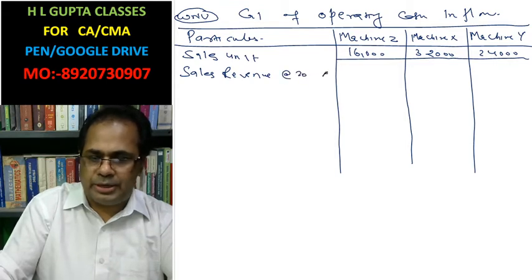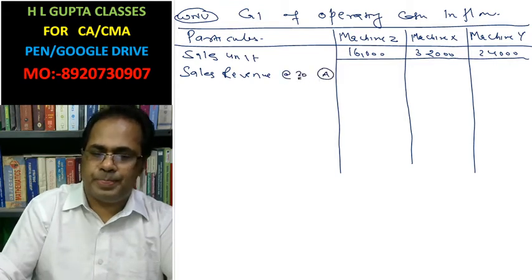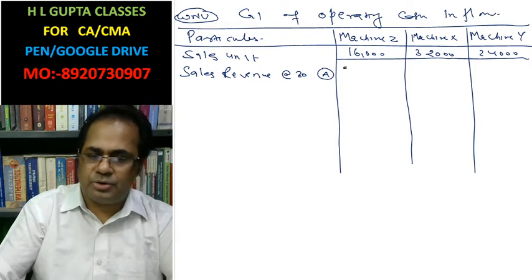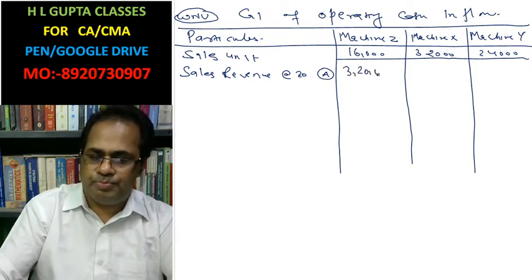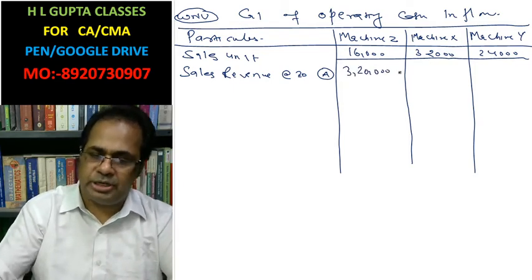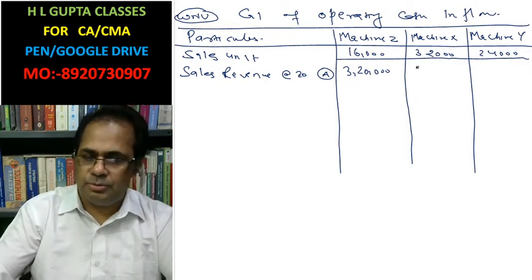Okay. Here the sales revenue, at the rate of 20, is assumed to be A. This is 3,20,000, 16,000 units here, and 4,80,000. The sales revenue price is already given.